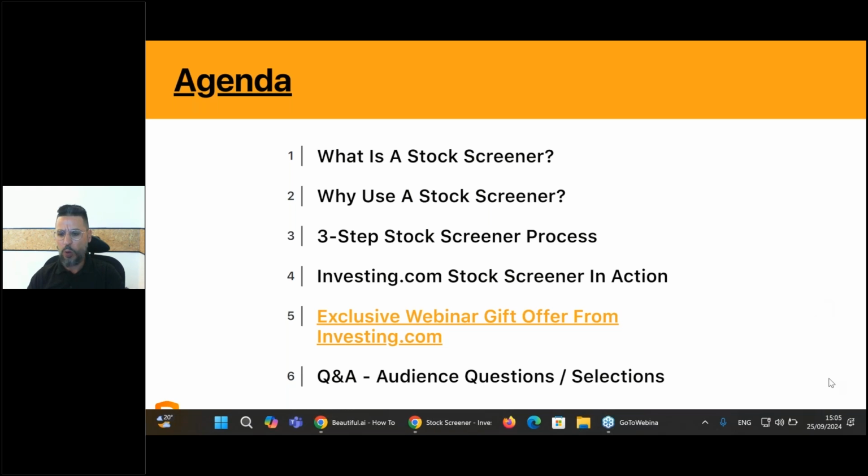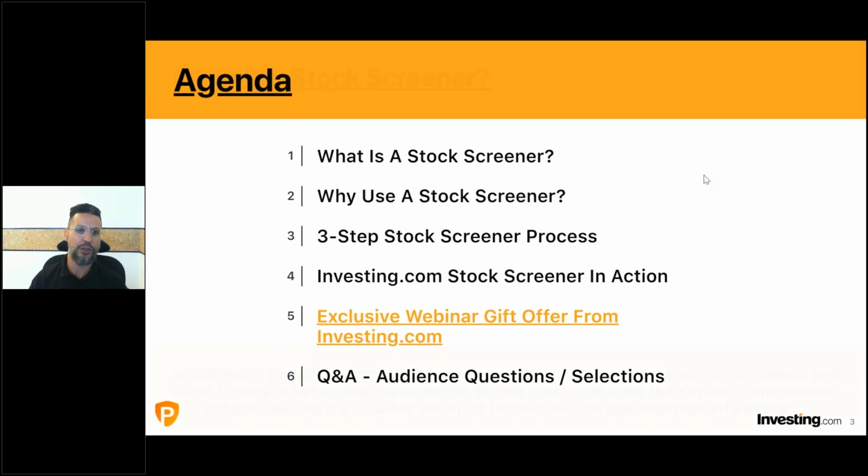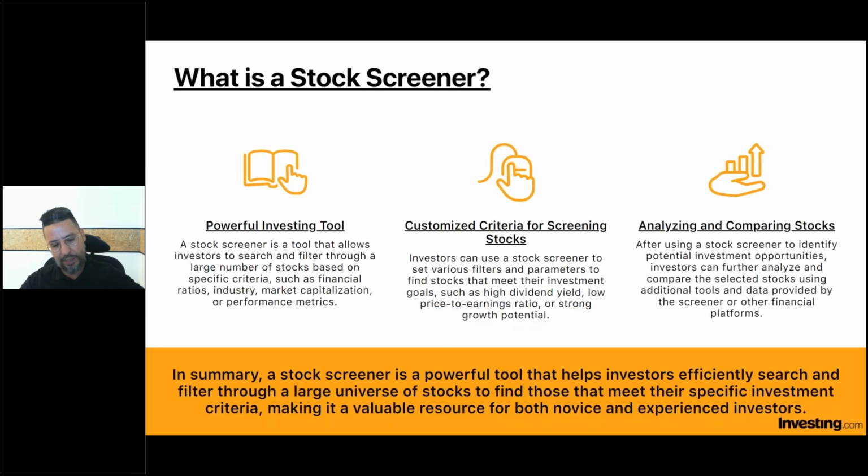So, what is a stock screener? Pretty much it's self-explanatory, a very powerful investing tool that allows investors to search and filter through thousands and thousands of stocks listed in the U.S. market and the global market as well.